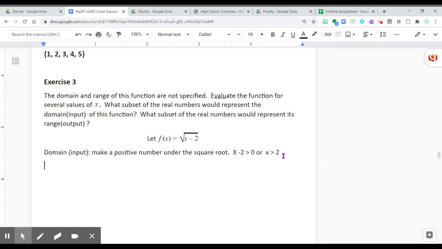So the domain only exists for all values greater than or equal to 2.